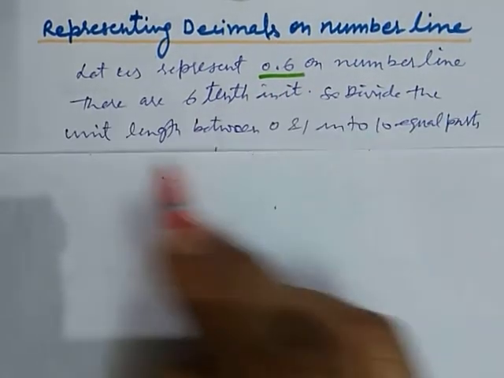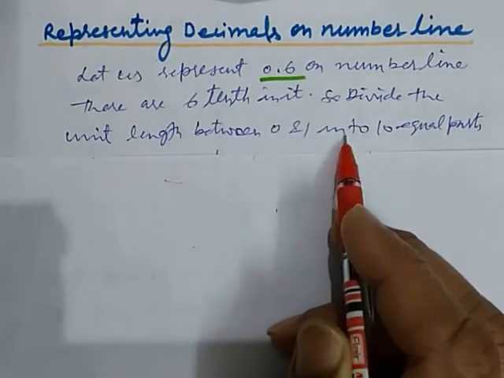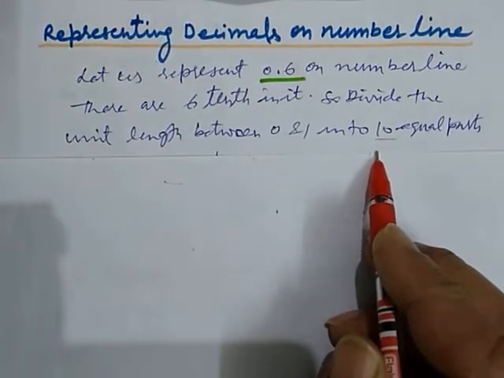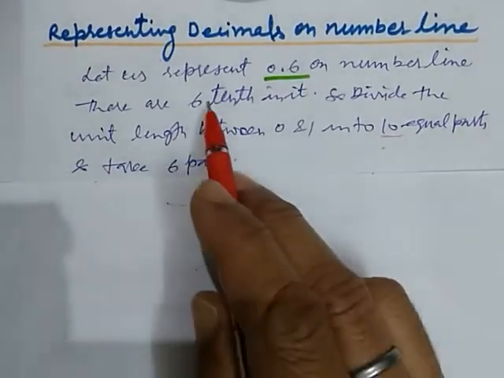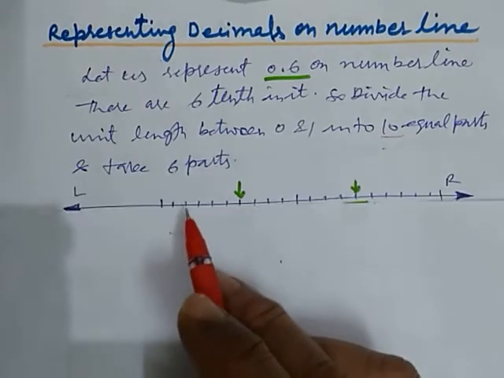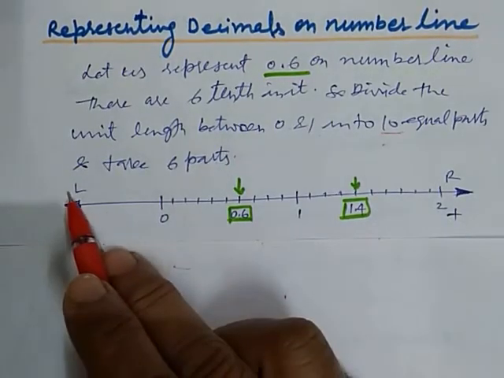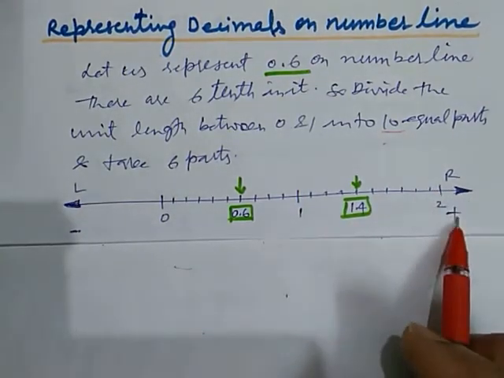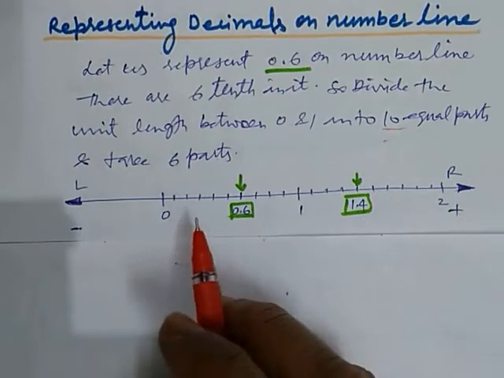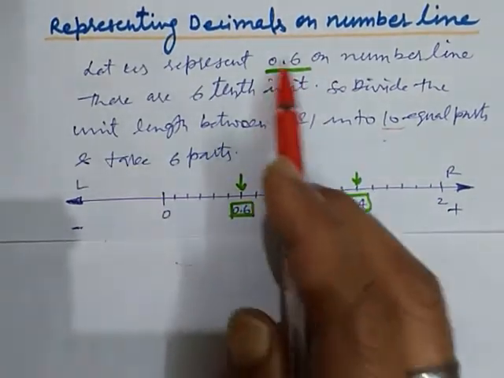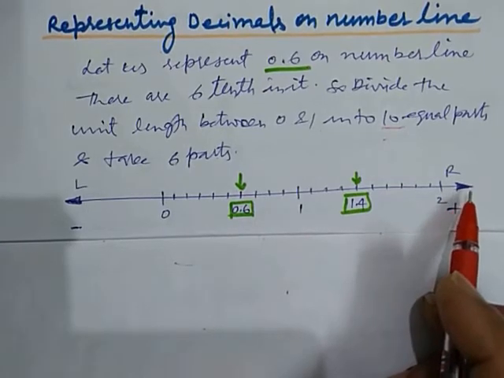So divide the unit length between 0 and 1 into 10 equal parts, and take 6 parts. Then it becomes 6/10. Okay? So this is our number line. This is the left side, this is the right side, that is the positive side, this is the negative side, and this is the 0. Okay? Here this is positive, so we represent it on the right side.